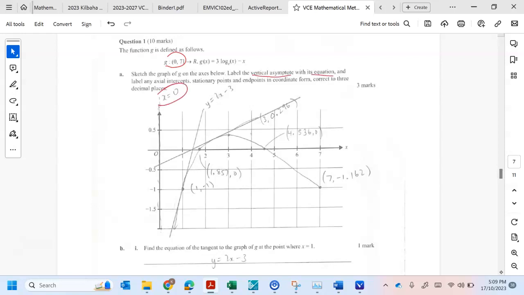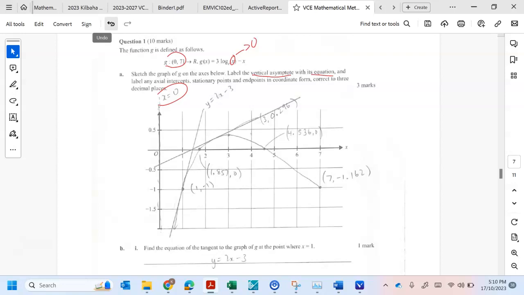So you can see I've done that there, x equals 0. It's x equals 0 because our argument there has to be greater than 0. So your asymptote is at x equals 0. It can't hit x equals 0 and it can't cross x equals 0.